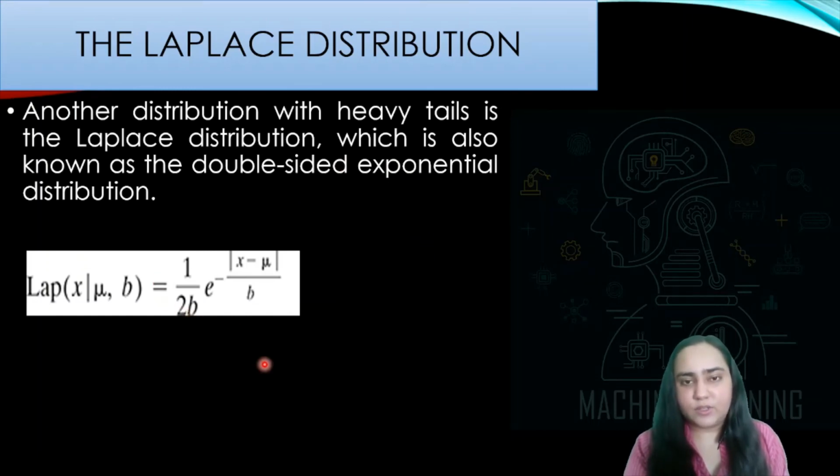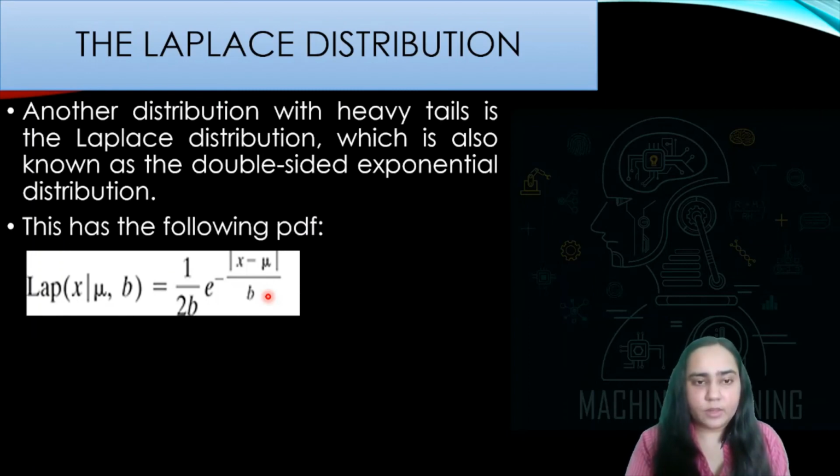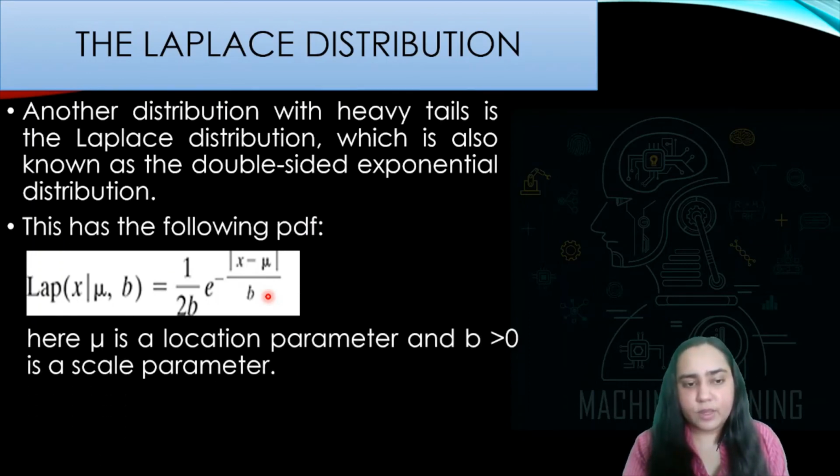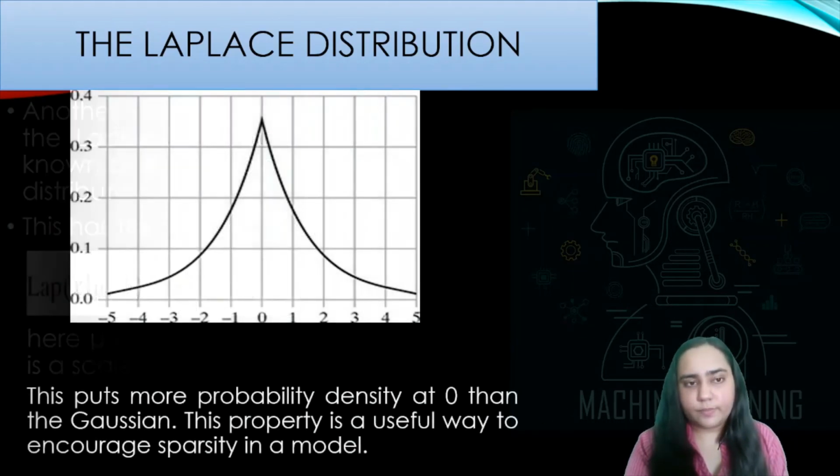And this is the formula for it: 1 upon 2b e raised to minus the modulus of x minus mu, upon b. This is its probability density function. Here mu is a location parameter, and b greater than 0 is a scale parameter.